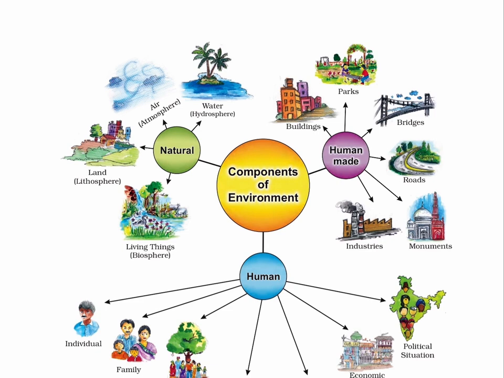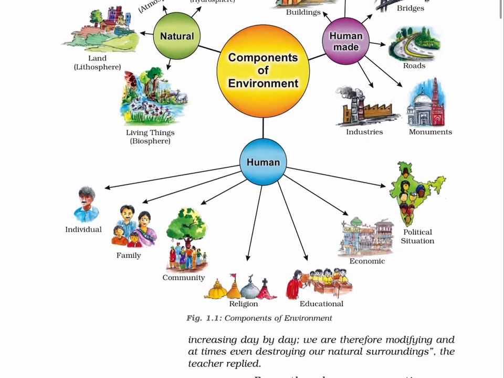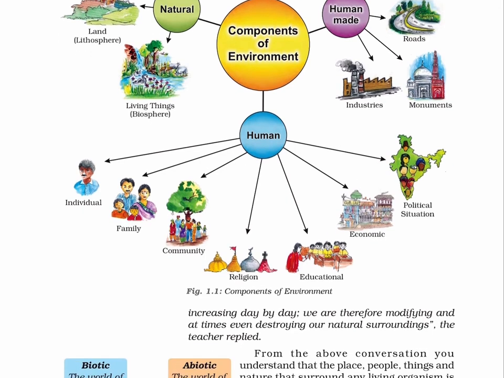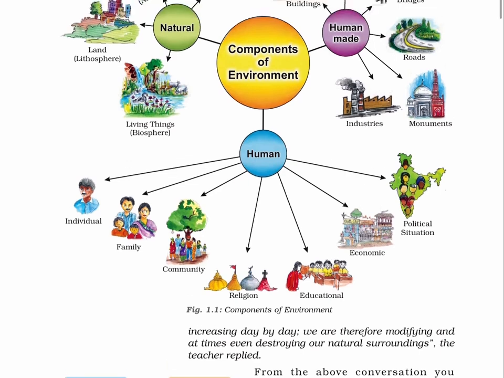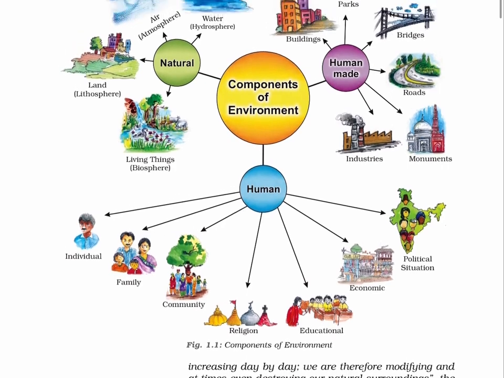And the human components are individual, family, community, religion, educational, economic, and political situation. All these different components are depicted by small pictures within this big picture.